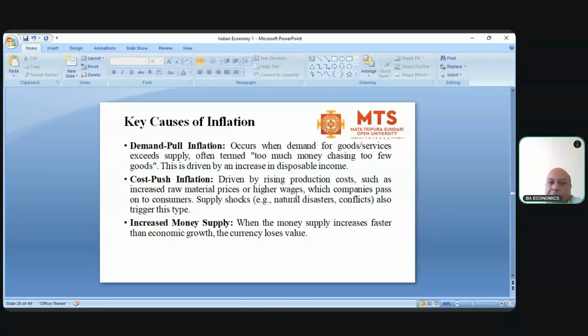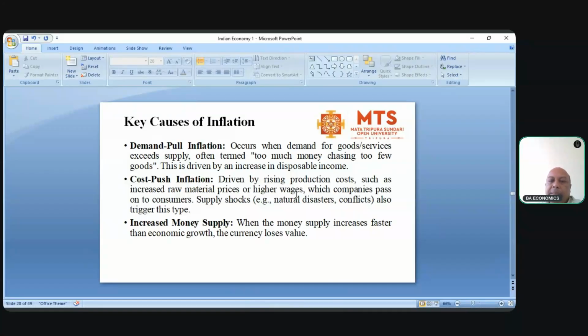The third important factor for inflation is increasing money supply in the economy. Basically, in any country, money supply is controlled by the central bank or federal bank. When in a certain situation money supply increases rapidly in the economy, then people have excess money with them.